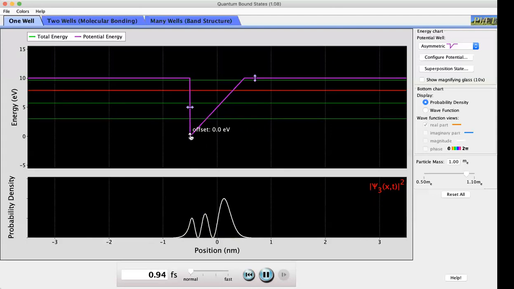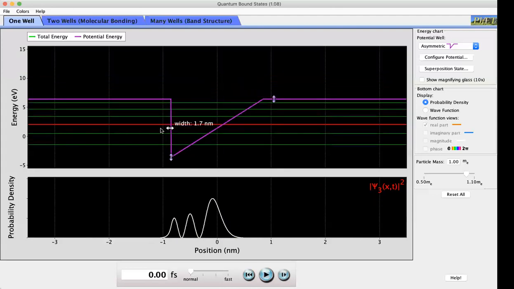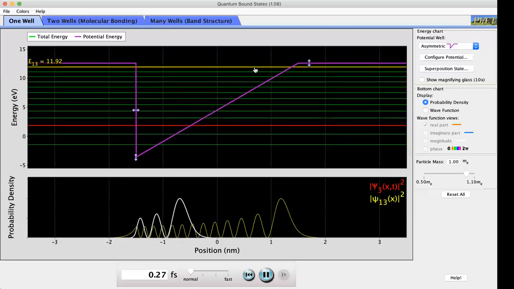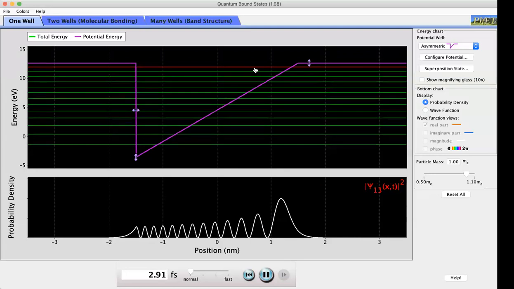If you think about it, if I have a very deep well and I look at a very excited state, it's almost like a regular well, but where the wave number and the wavelength are continuously changing. You can think of this as a bunch of infinitesimal steps, each corresponding to a finite well of different depth.